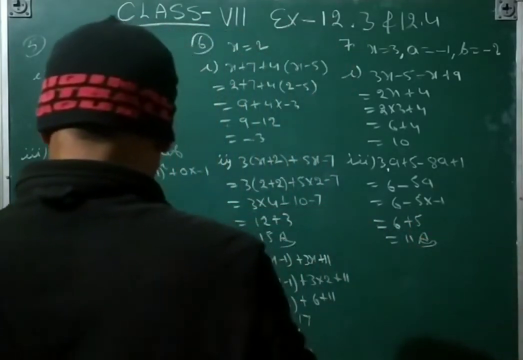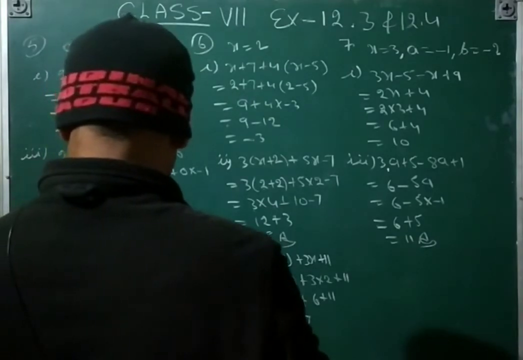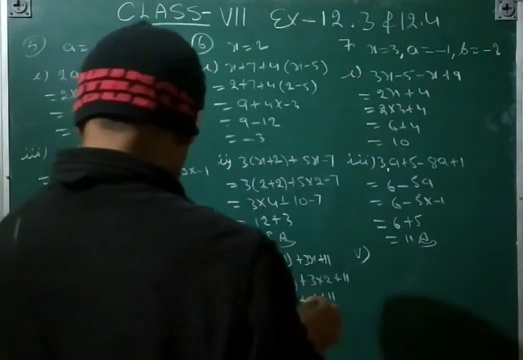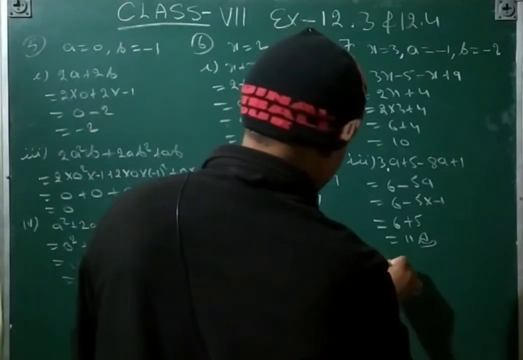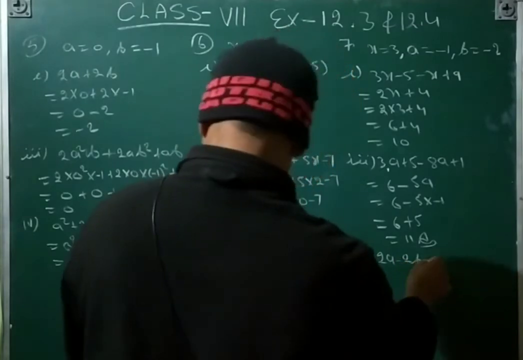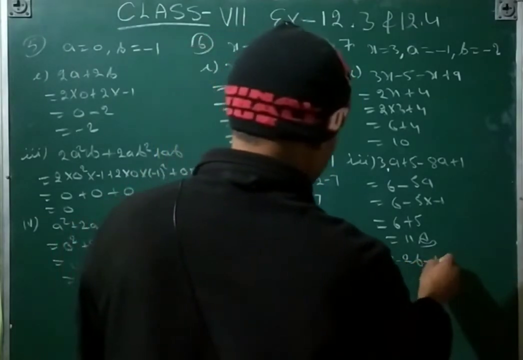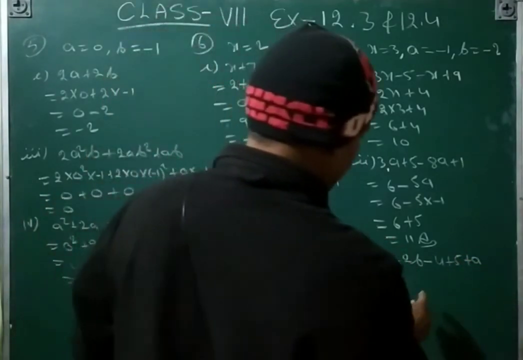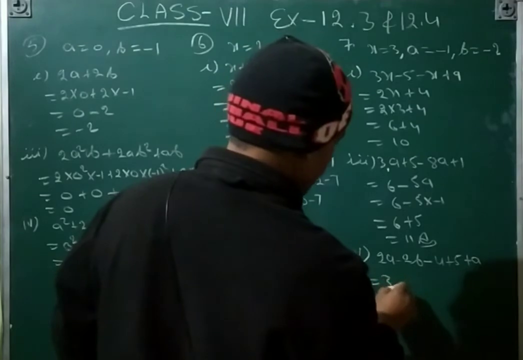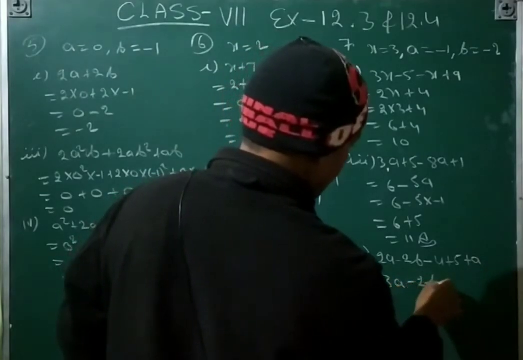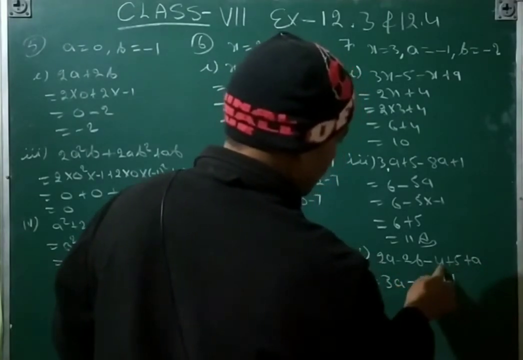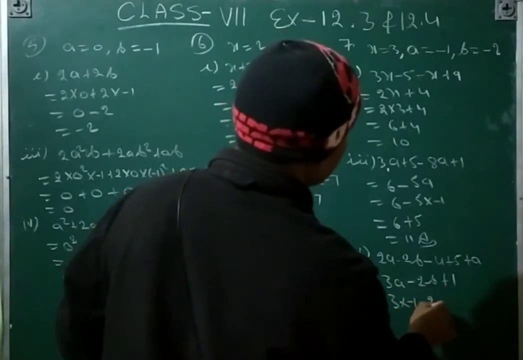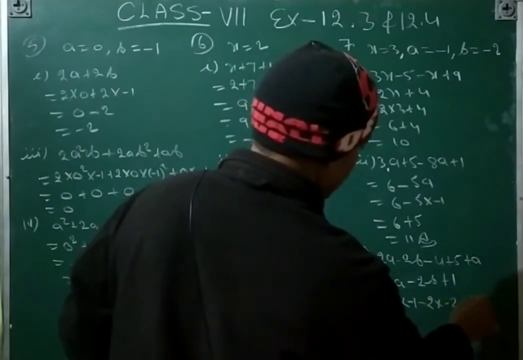And then see the last part, the fifth part. The other parts you can do. 2a minus 2b, and then minus 4 plus 5 plus a. So 2 plus 1 is 3a, minus 2b plus 1, 5 plus 4 is 1, and then 3 into minus 1, minus 2 into minus 2, plus 1.